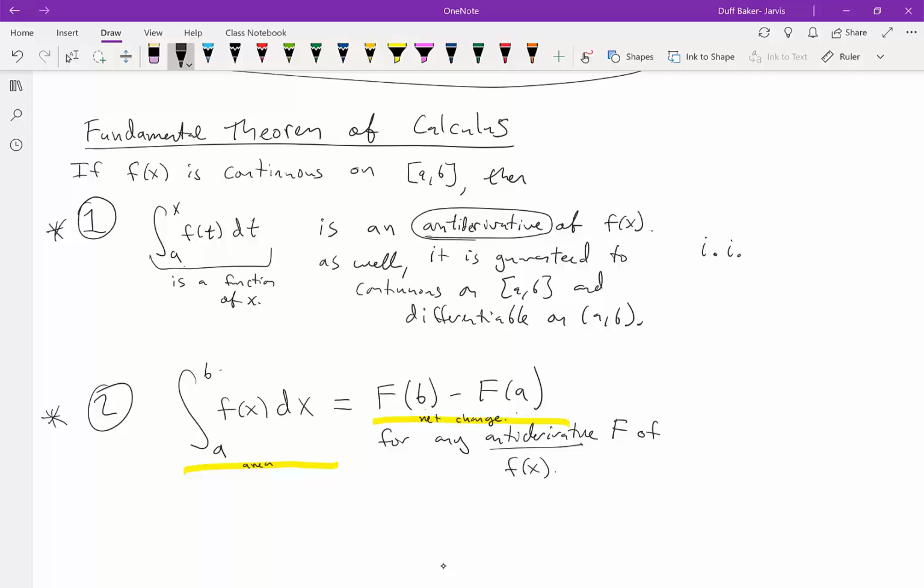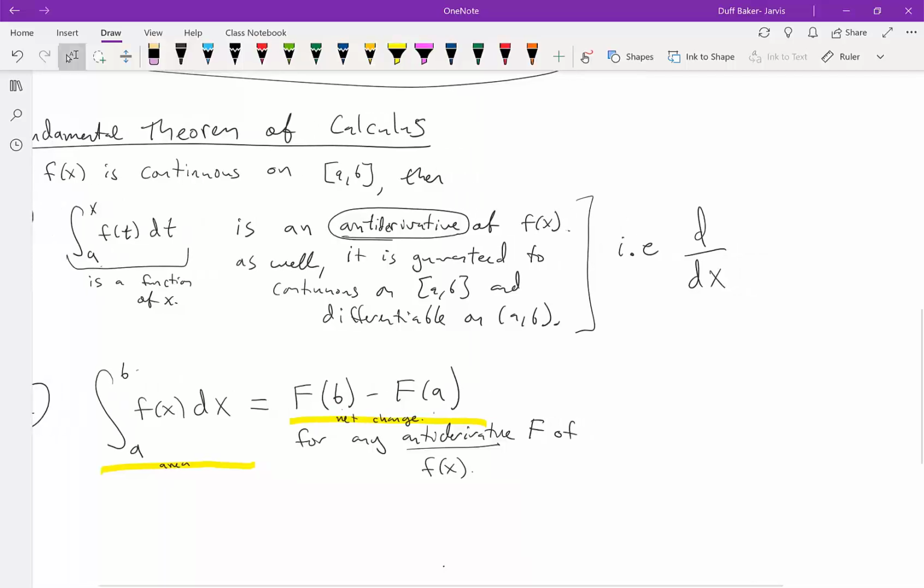so another way of phrasing part one is if you take the derivative of an antiderivative, so this thing is an antiderivative of little f, and we used, it may seem a little confusing why I'm using t's in here instead of x's, and the reason is because we're using x here as sort of the end point of the area, and so we don't want to get confused about the t's when we start plugging things in.